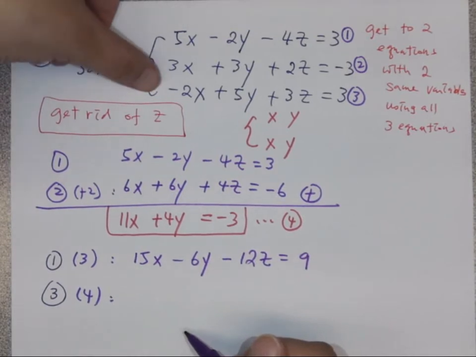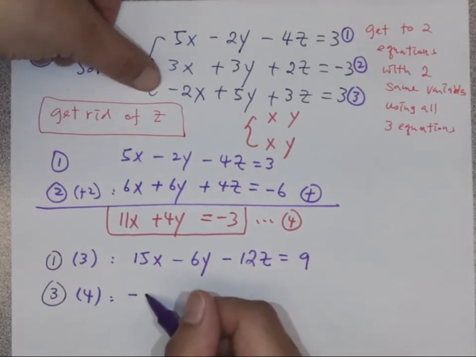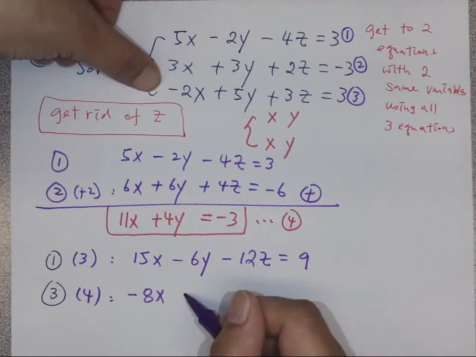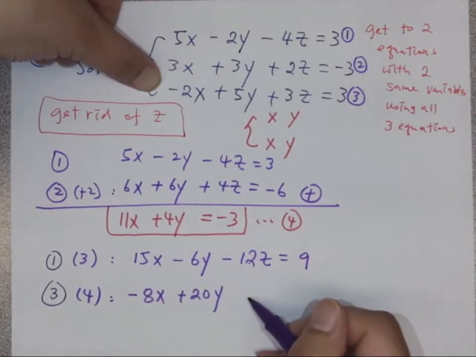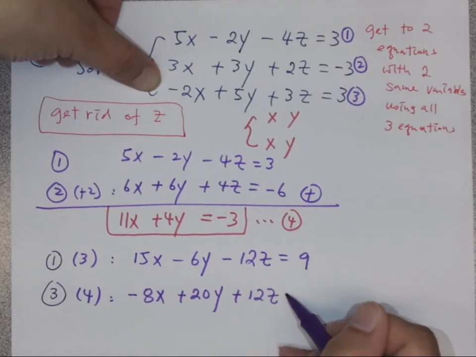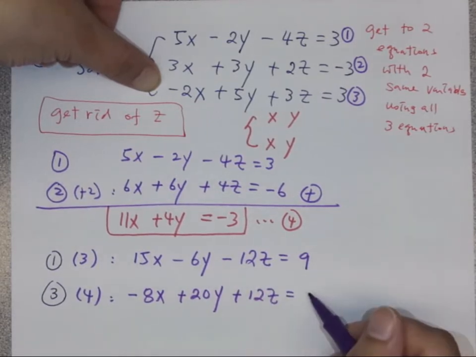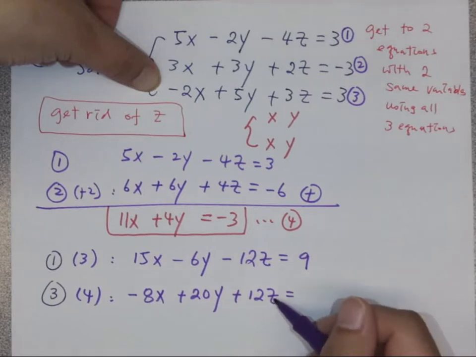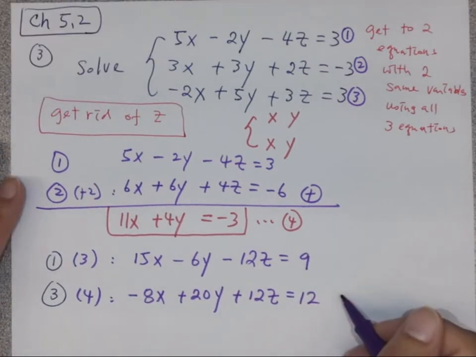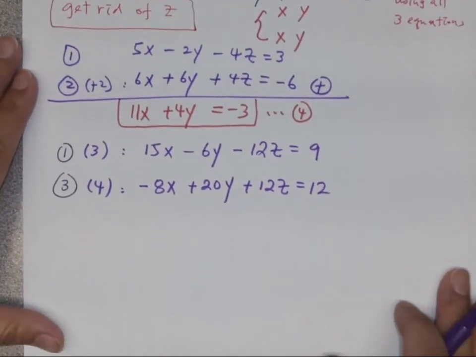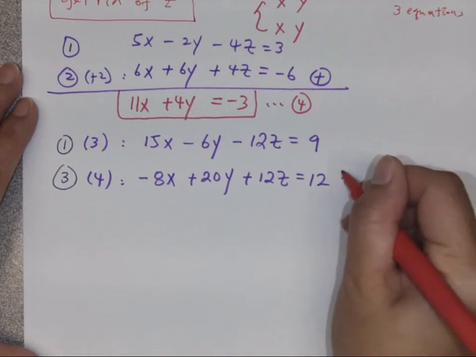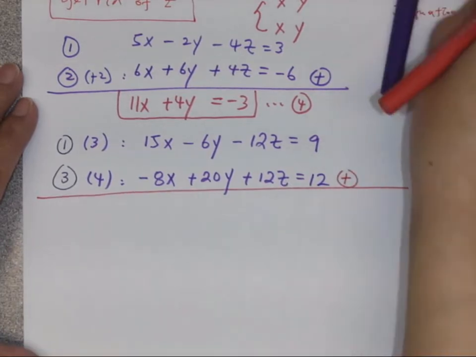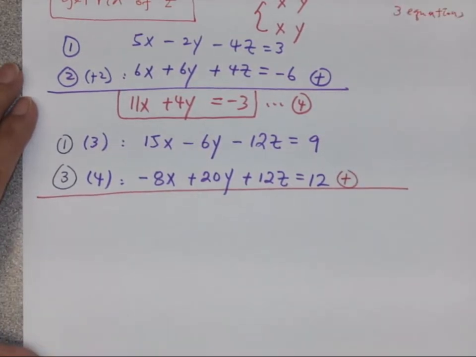At the bottom one, if times 4, we have negative 8x plus 20y plus 12z equal to 12. Okay, thank you for checking. It's very easy to make a mistake, so just be careful when you do it on the test. Double check your stuff. Okay, combine that, what do we get?